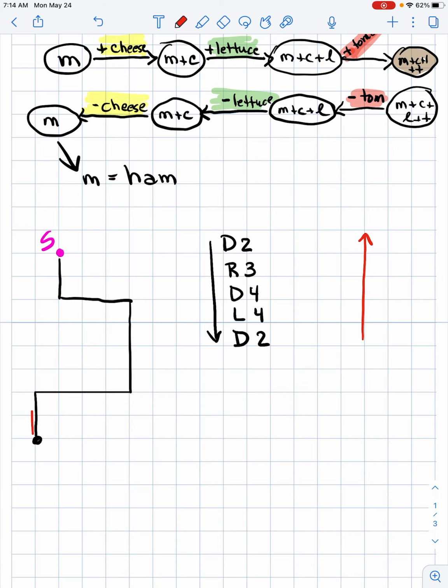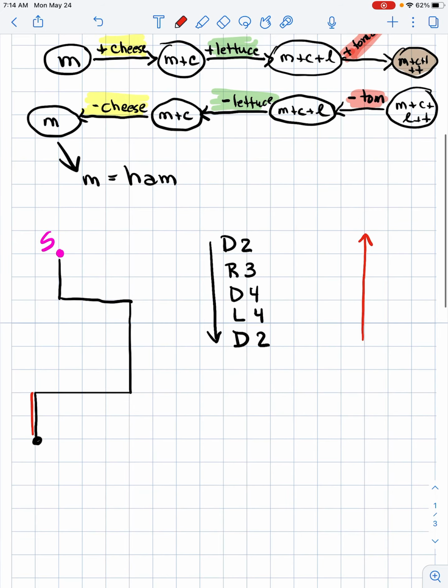We're going up 2, and then to the right, and obviously right is the opposite of left. So we're going right 4, we're going up 4, left 3, and then up 2. Okay? And look at what we have.